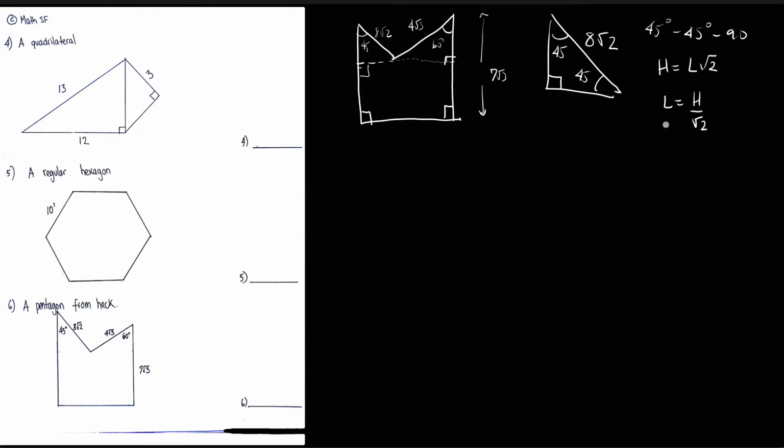So L, what I'm looking for, is going to be h, which is the hypotenuse, 8 root 2 over 2. Oh, gladly, this will cancel out and you're just left with 8. Also, that means that this side here is 8 and this side here is 8. 8 is up to here only, okay? So from here through here. So I found those sides.